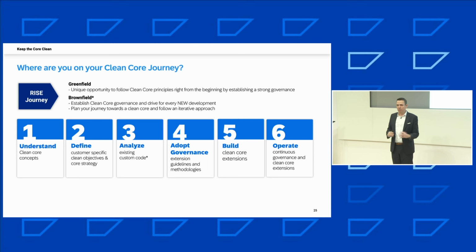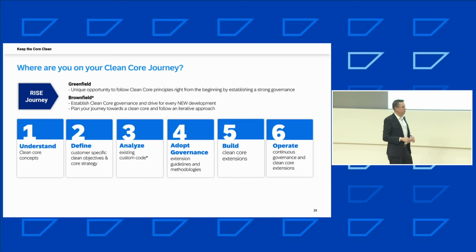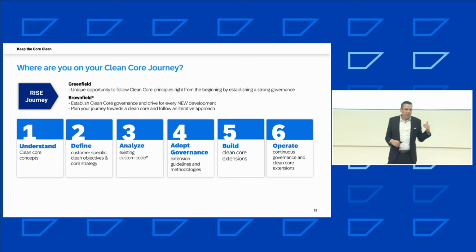As a greenfield customer, start right away with the Clean Core concept. There's no excuse. This is a once-in-a-lifetime opportunity. And this requires a certain governance to really adhere to the rules of Clean Core, to then build your extensions and to operate in that fashion.